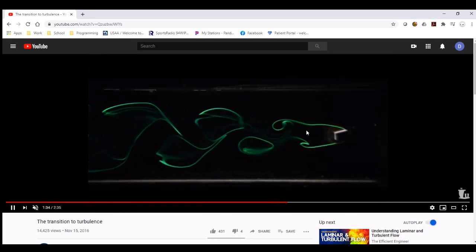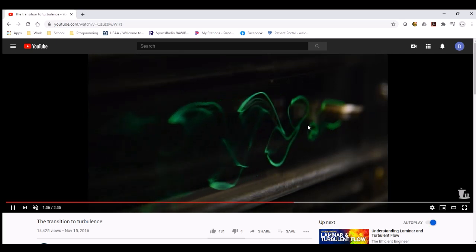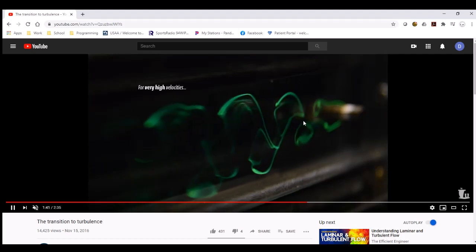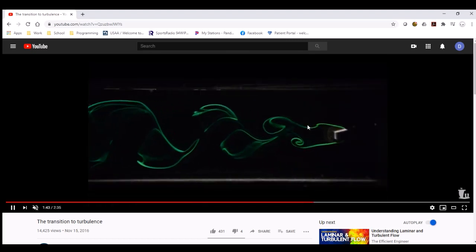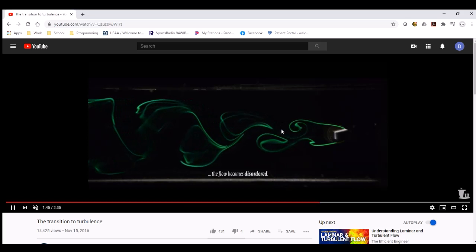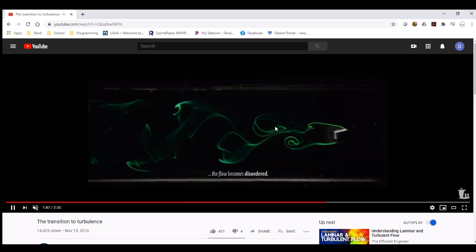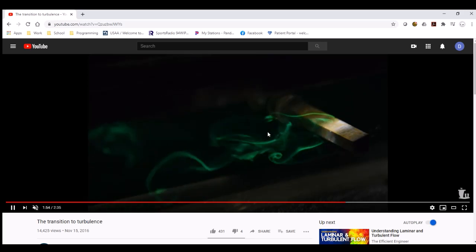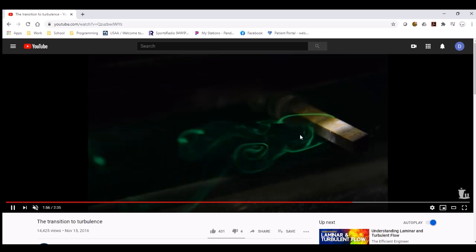Then at some point, you enter what's essentially fully turbulent, where those inertial forces start to overcome any viscous forces, and the fluid flow will become extremely disordered. All right. So you'll start to see that transition here in a second. There's a lot of mixing going on. You even start to see some backward flow there.